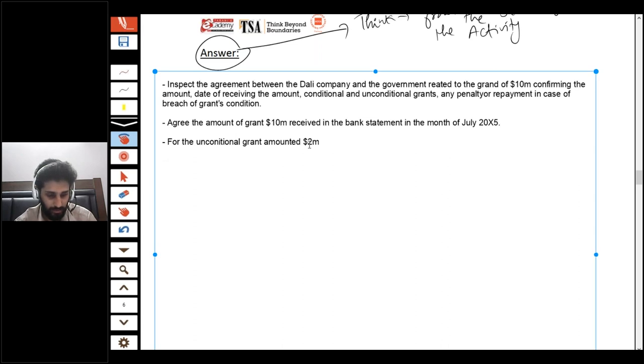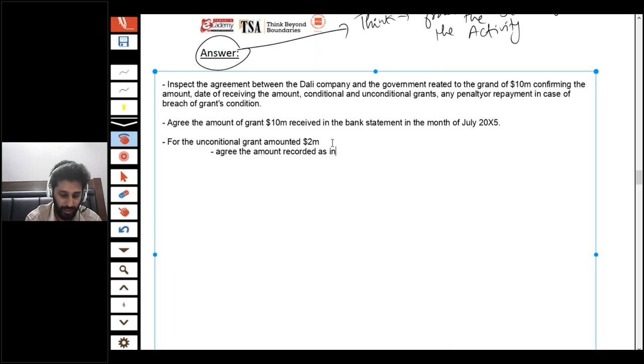So for the unconditional grant of $2 million, you can simply write up the further sub points, that this is the initial recognition as revenue. So I'm writing that agree the amount recorded as income.